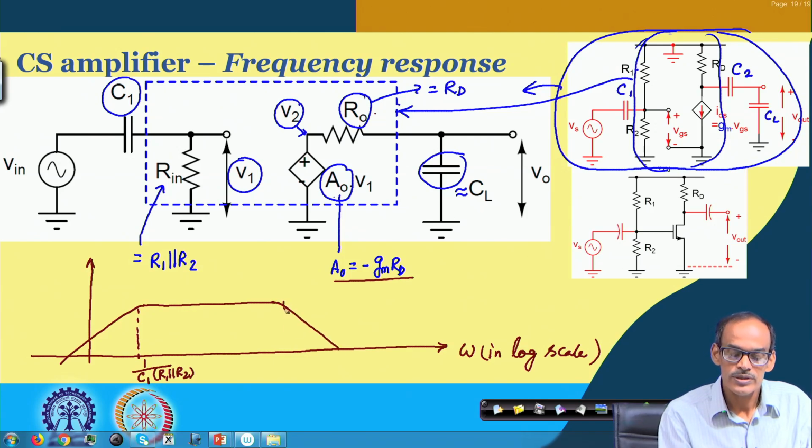So, if I say this is the upper cutoff frequency, it is Rd and Cl that are defining it. And the gain here is of course in dB 20 log base 10 of Gm into Rd.